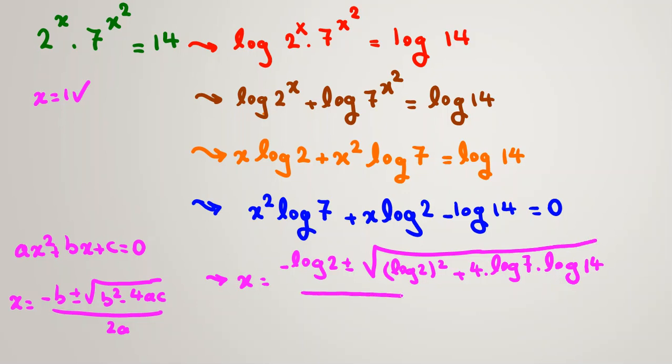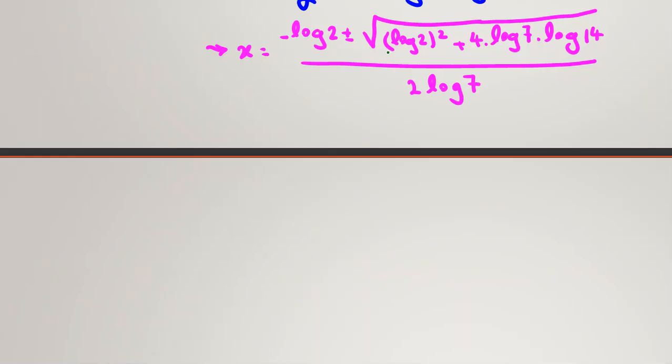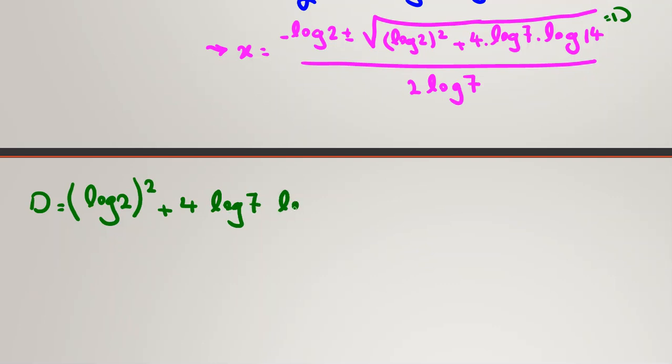And here it will be over 2a, which is 2 log 7. Okay, so let's at first consider the thing inside the square root. We call it the discriminant. Let's at first simplify the discriminant: log 2 squared plus 4 times log 7 times log 14.